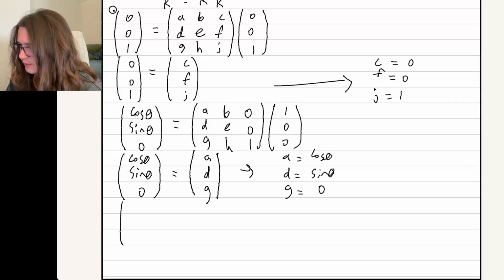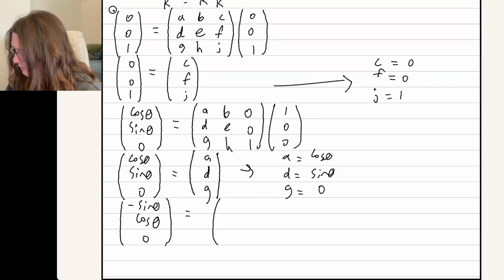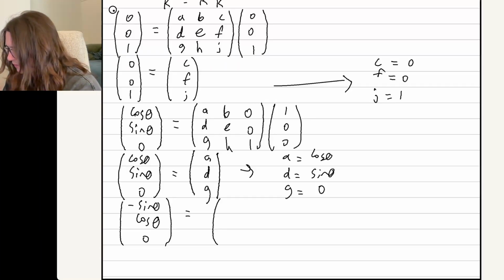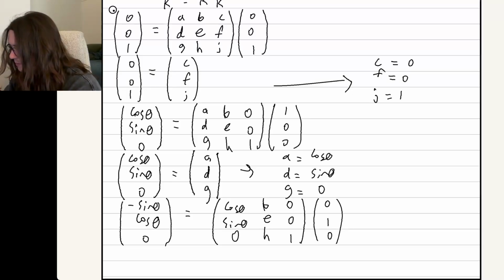To take care of the last three missing elements, we need the j hat prime equation, which is minus sine theta, cosine theta, 0, equals the rotation matrix times the j hat. So the rotation matrix now looks like cosine theta, sine theta, 0, B, E, H, 0, 0, 1, times 0, 1, 0, the j hat vector.